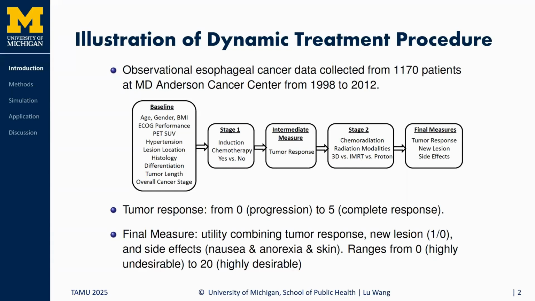For example, in this case, they will see whether the tumor responds to the treatment, which we call the intermediate measure or intermediate response variables. After you observe those, you can decide the next step, what treatment to offer as an alternate or salvage treatment. In this example, their salvage treatment includes radiation modalities: 3D CRT, IMRT, or proton.